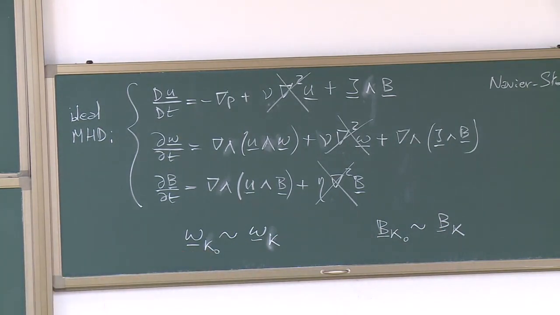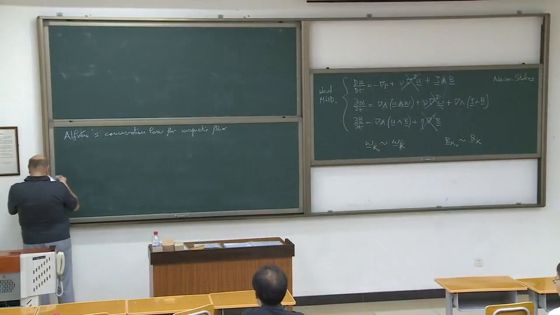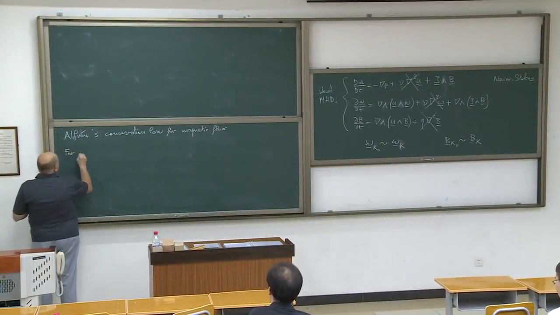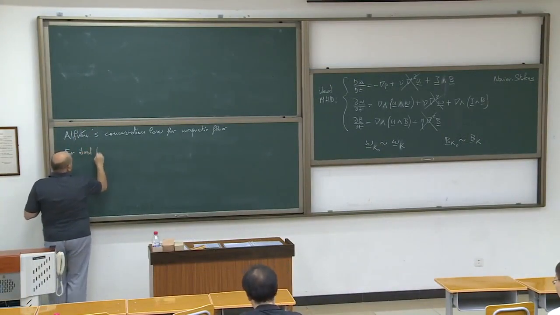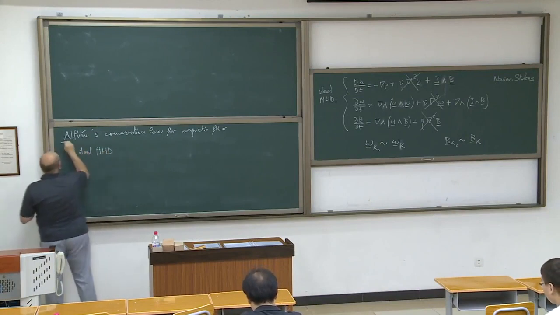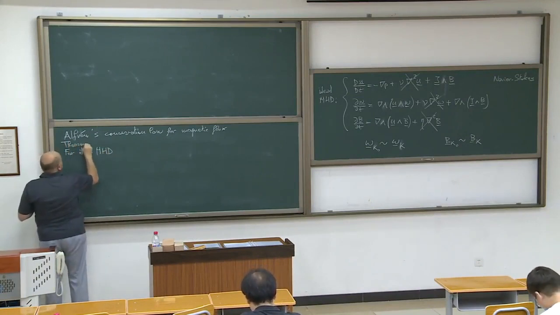Okay, flux. Flux is the following for ideal MHD. This is a result due to Alfvén.